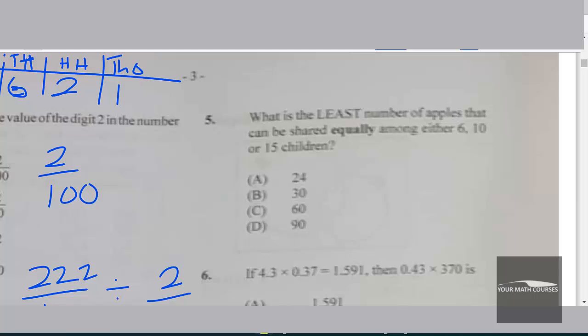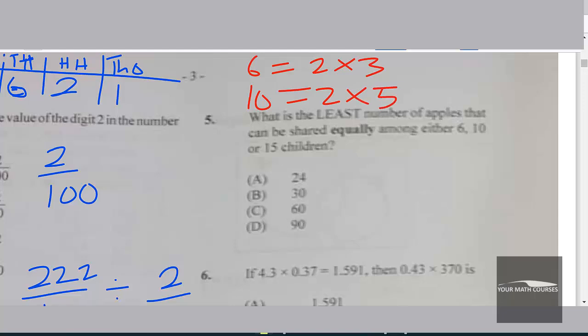So with this, we have to find the least common multiple of 6, 10, and 15. So we know 6 is the same as 2 times 3, the prime factors. Then 10 is also the same as 2 times 5. These are the prime factorization. Then 15 is also the same as 3 times 5.